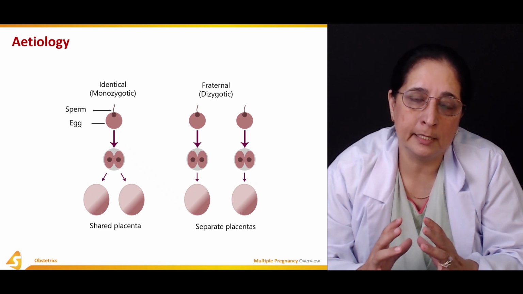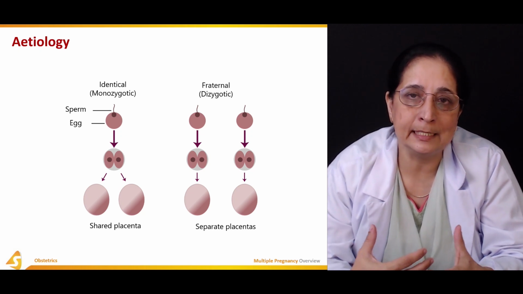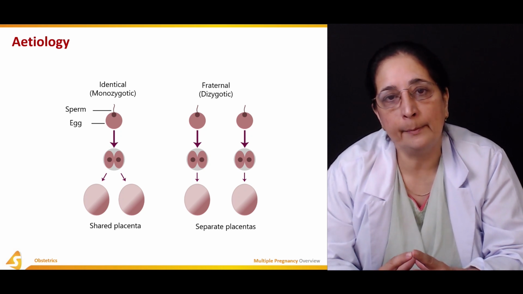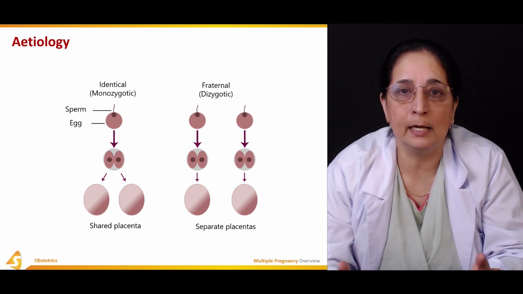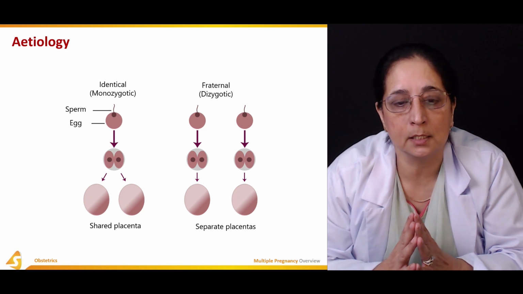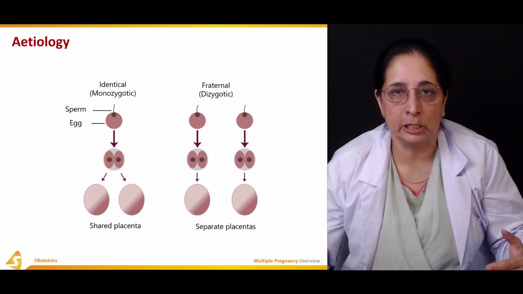Because it's developed from one zygote, it's known as identical twins because they closely resemble one another. They develop from one egg fertilized by one sperm, and at a later stage of development they divide into two.